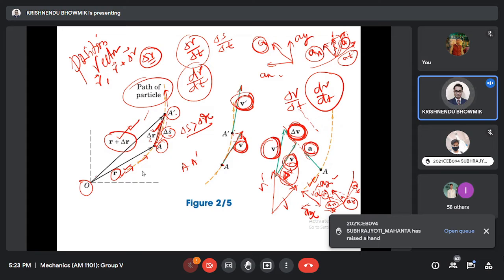If we have the position vector function r equal to some expression, we take dr dt at t1 and t2, and t1, t2 are very close. Those are A and A prime. So you can get V prime and delta V along those directions. Acceleration can be decomposed as per your own understanding in rectangular coordinates ax and ay, or in normal tangent coordinates, which we call nt coordinates, with acceleration an and at.